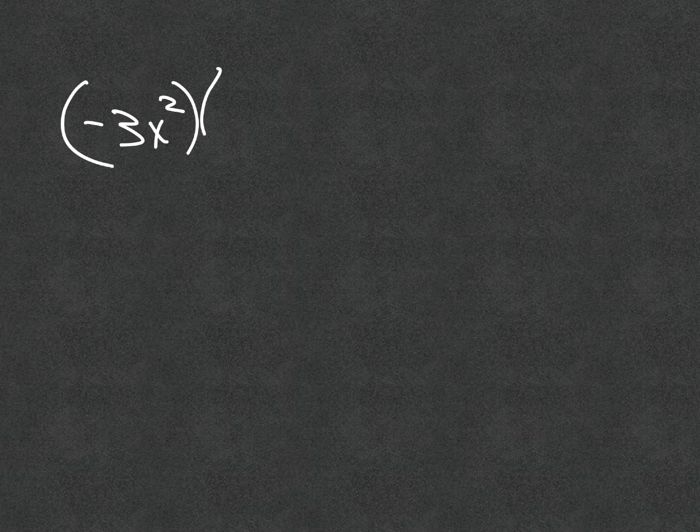So let's look at a couple of examples, top of page 46. We've got negative 3x squared, and we are multiplying that times 5x to the 4th power.